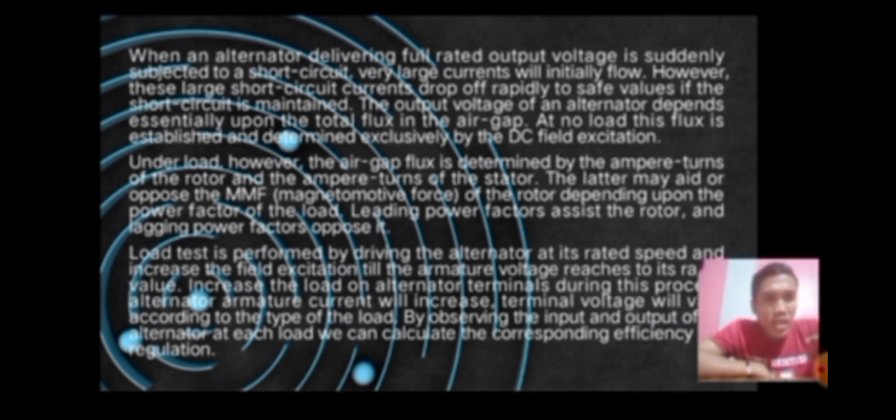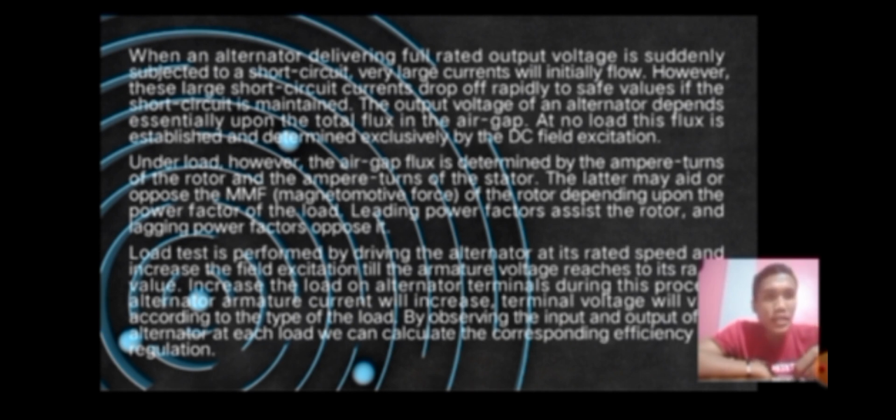So the output voltage of an alternator depends essentially upon the total flux in the air gap. At no load, this flux is established and determined exclusively by DC field excitation. Under load, however, the air gap flux is determined by the ampere turns of the rotor and the ampere turns of the stator.